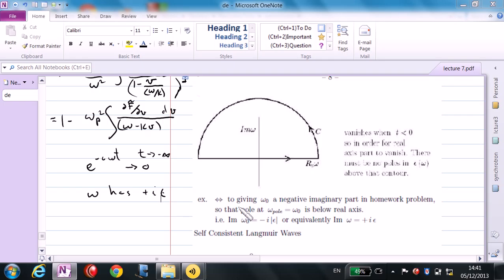Now remember that epsilon was equal to 1 minus omega p squared over omega squared.